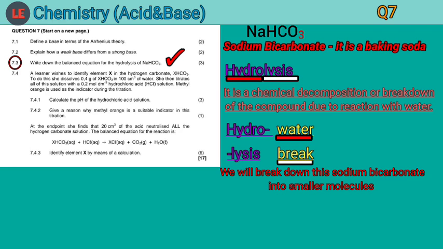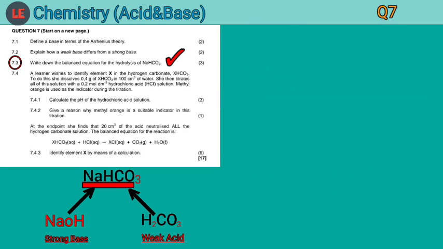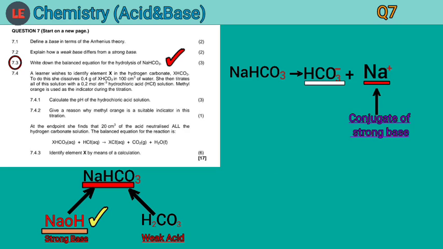Therefore this means we break down sodium bicarbonate into smaller molecules, but firstly you must know that this substance is made from the reaction of H2CO3, a weak acid, and NaOH, a strong base. So, sodium bicarbonate is breaking down into Na+ and hydrogen carbonate. Na+ is a conjugate of a strong base, and hydrogen carbonate is a conjugate of a weak acid.